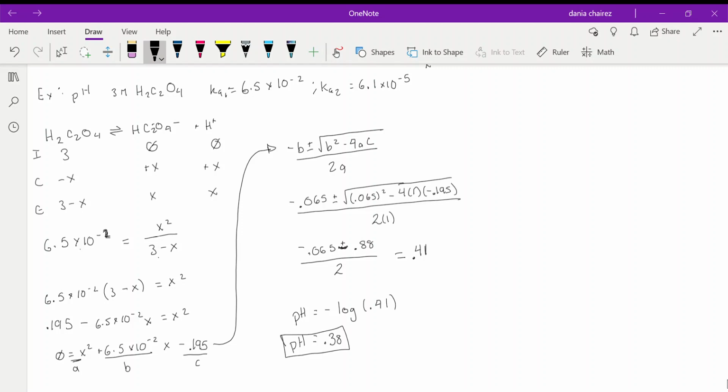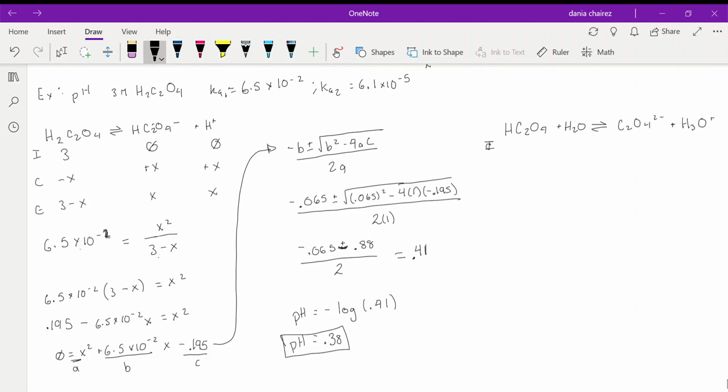So if this problem had asked us for the final concentrations of everything, then we would have to solve for everything else. So we would move on to the next step, which would be C2O4 plus H2O, because this time I did remember the water. So we would end up with C2O4 2 minus plus H3O plus.